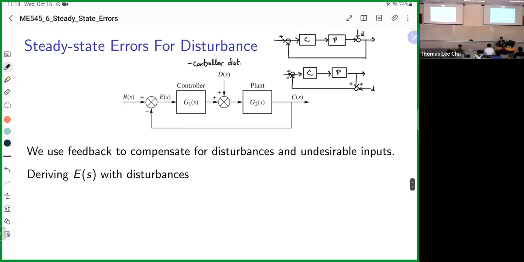On Monday, I'll derive the output as a function of the disturbance and as a function of the input.